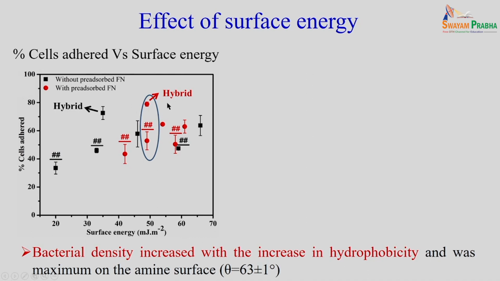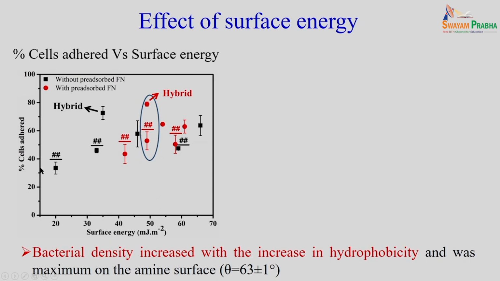So, what it suggests is that, apart from the surface wettability or the surface energy, the orientation or the rearrangement of the SAM molecules is also going to affect the performance in terms of cell surface and protein surface interactions.